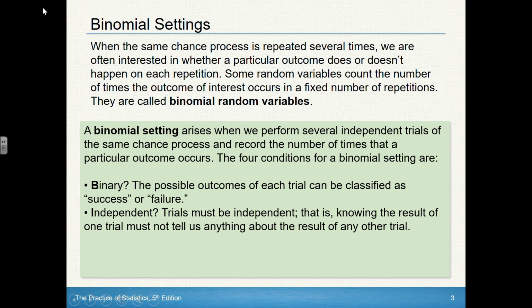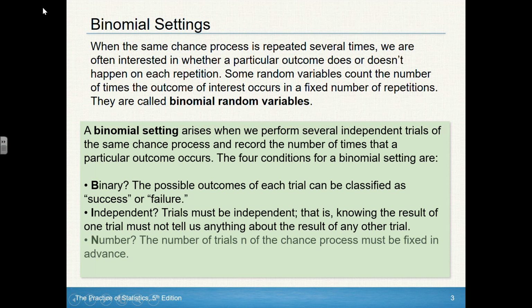The next condition you need to have for a setting to be binomial would be independence. Basically, that means that the outcome of one trial has no impact on the outcome of another trial. The number of observations that we have has to be fixed in order to be a binomial setting. So if we're shooting free throws, we shoot 20 free throws.